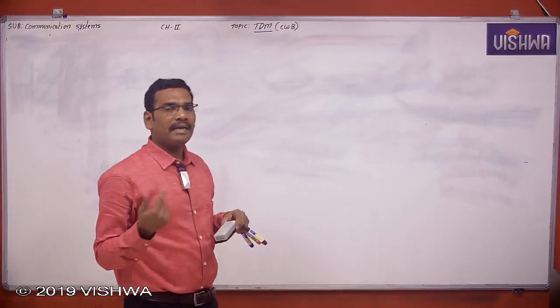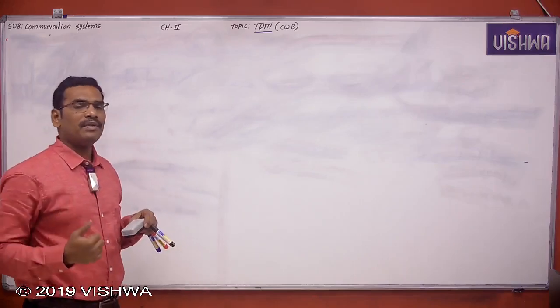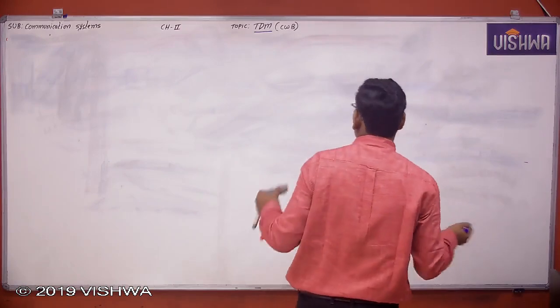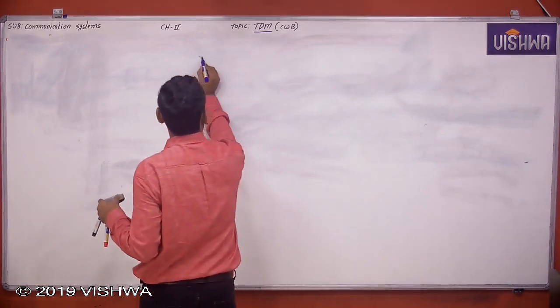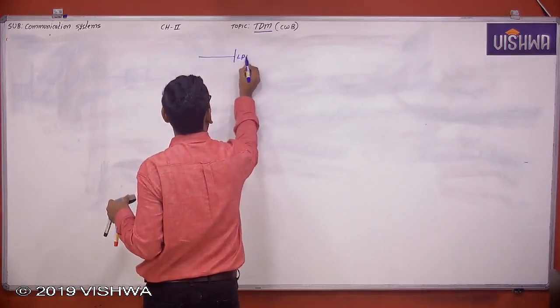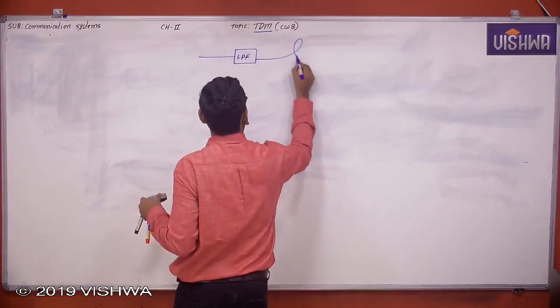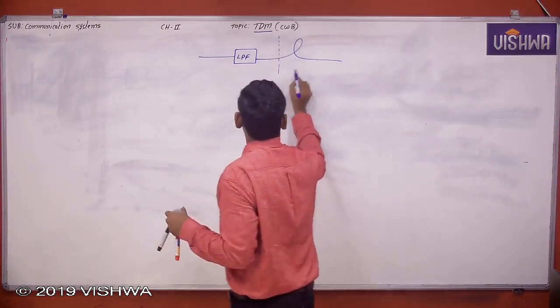But in some practical applications, samples are transmitted directly. So how is that? Now this is a low pass filter. Directly the samples are transmitted through the channel.